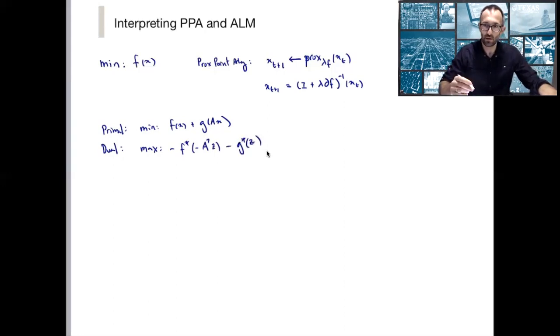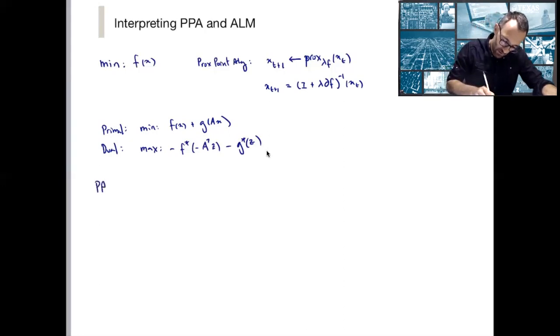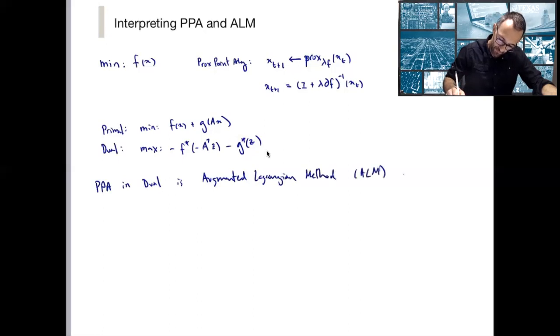And the proximal point algorithm in the dual is the augmented Lagrangian method, or ALM, in the primal.